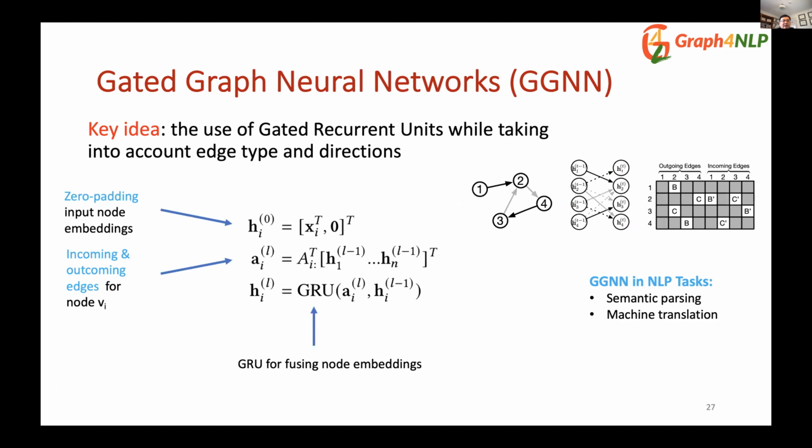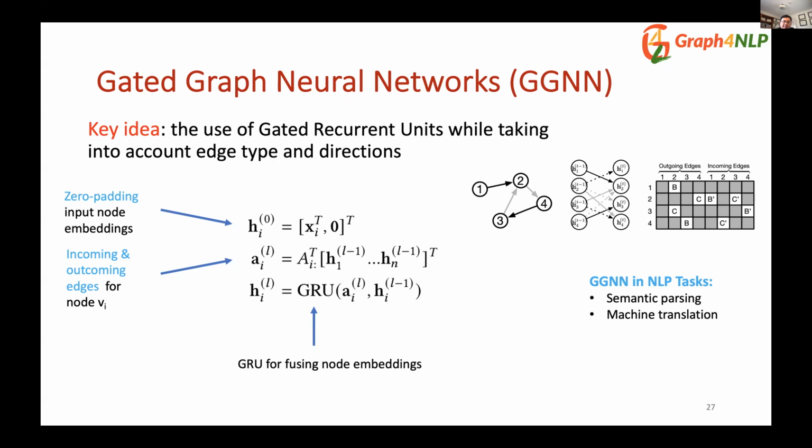The final one is called gated graph neural nets. The key idea is to use the gated recurrent unit while taking into account the edge type and direction. We can see that there are two things to consider. One, they're doing a lot of padding, right? And also, they treat the edges by splitting them into incoming and outgoing, so they can directly deal with directed graphs.